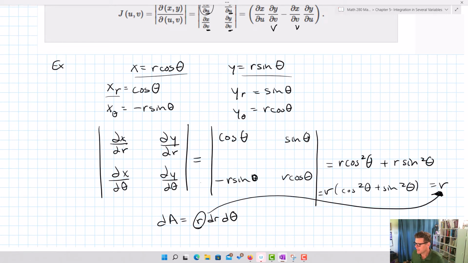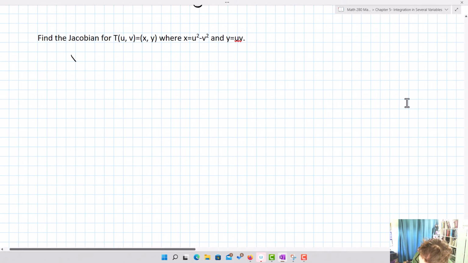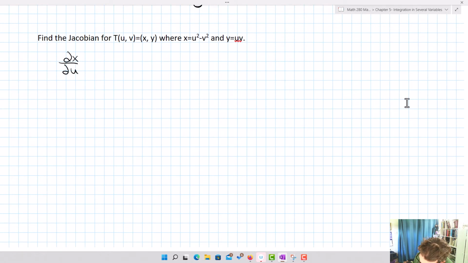Let's take a look at another example. Let's say we want to find the Jacobian for T of (u, v) equals (x, y), where x equals u squared minus v squared and y equals uv. First we find del x del u, which is just 2u. Then del x del v, which equals negative 2v.